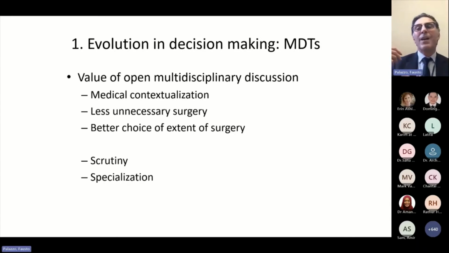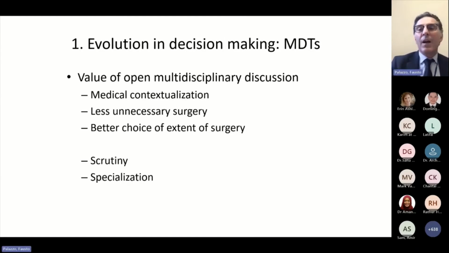In other words, having open forum discussion on the decision making has definitely been of benefit to the patients, because with other clinicians available, it's possible to contextualize the patient better rather than just consider them an object to operate on. And we consider the patient's life expectancy and comorbidities much better than we did before.